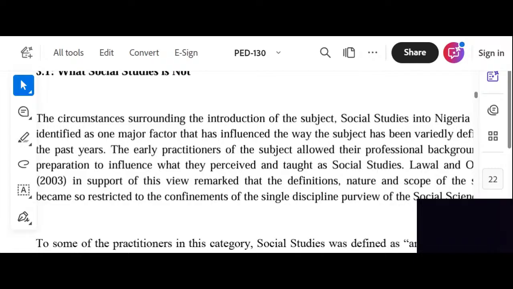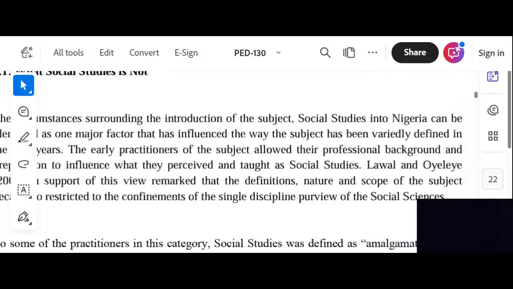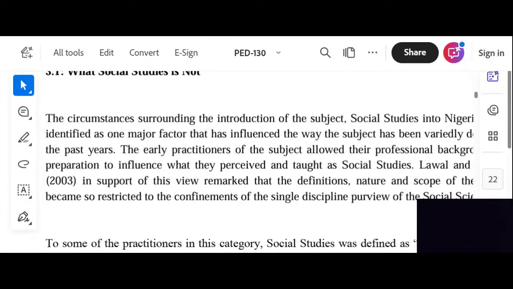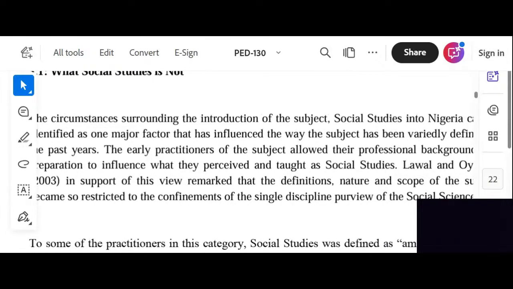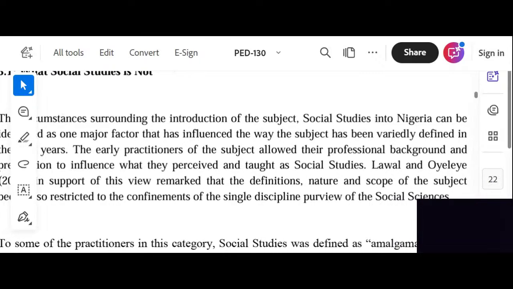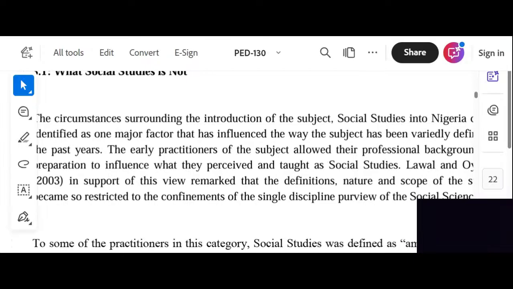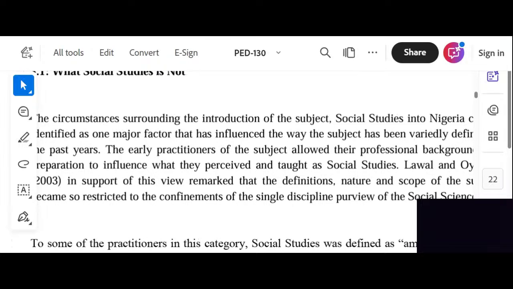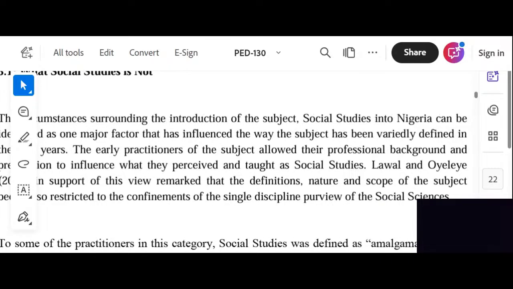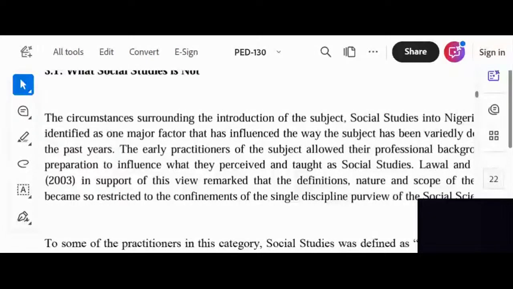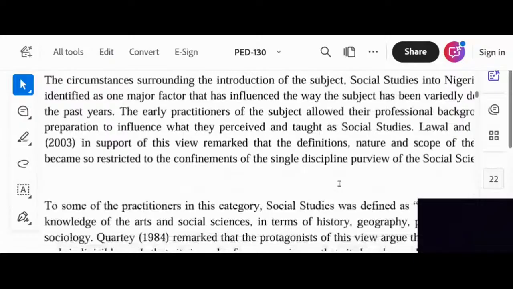So the early practitioners of the subject allowed their professional background and preparation to influence what they perceived and thought as social studies, according to Lawal and Oyaleye in 2003. In support of this view, remarked that the definitions, nature and scope of the subject became so restricted to the confinement of a single discipline purview of the social.